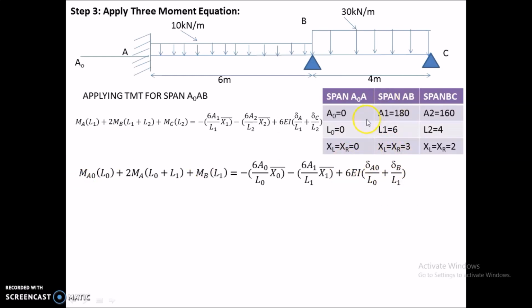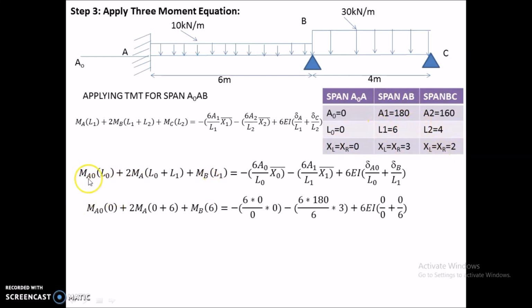And we had already calculated these values. A0 is 0, A1 is 180 and A2 is 160, L0 is 0, L1 is 6 and L2 is 4. XL and XR of span A0A is 0. For span AB it is 3 and for span BC it is 2. Now by substituting these values, this value will become 0. 2 MA into 0 plus 6 plus MB into L1 is 6. And A0 is 0, so this value becomes 0, and this value also becomes 0 since delta A0 and delta B is 0.